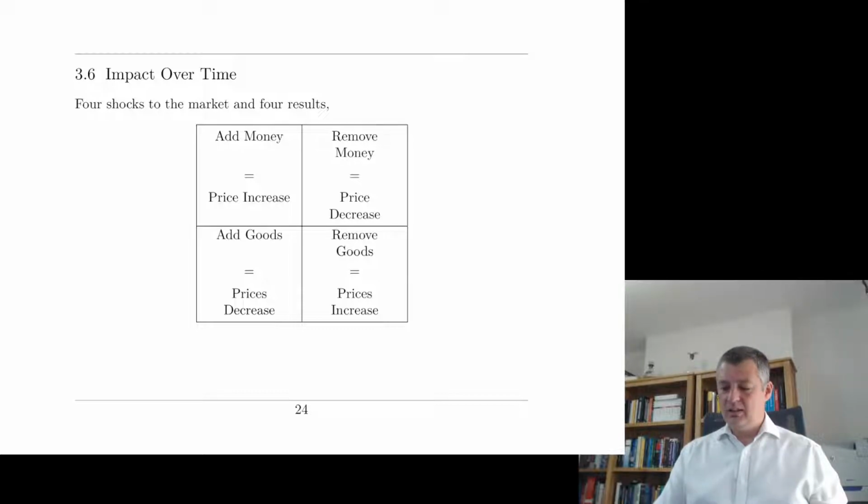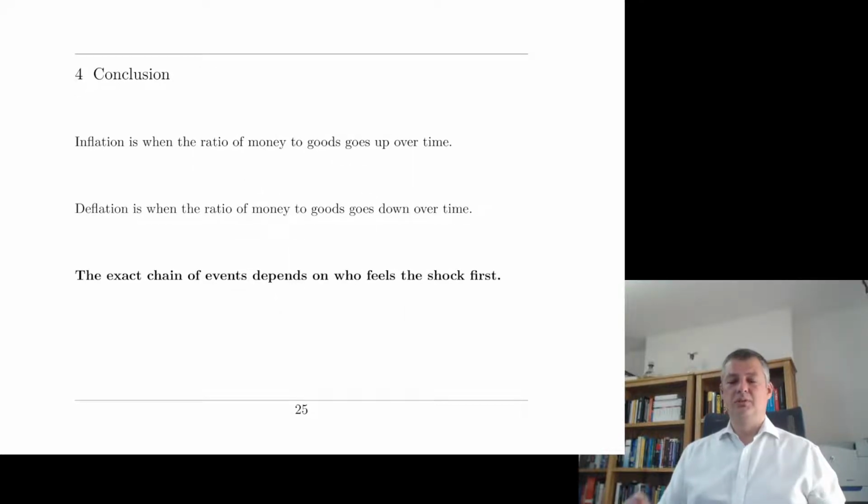And that leads to a conclusion that inflation is really what happens when the ratio of money to goods in our market goes up, because the market pressures on all of the market participants encourage them to raise prices.